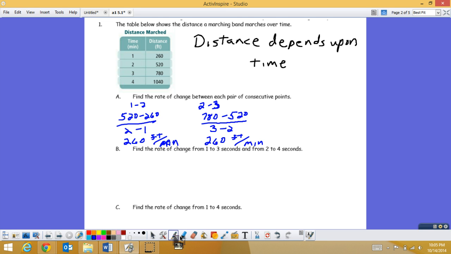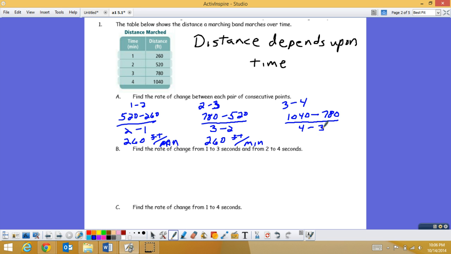So then from 3 to 4 seconds, we take the distance at 4 seconds, which is 1,040, and subtract the distance at 3 seconds, 780. That would be the change in the distance over change in the time, 4 minus 3.